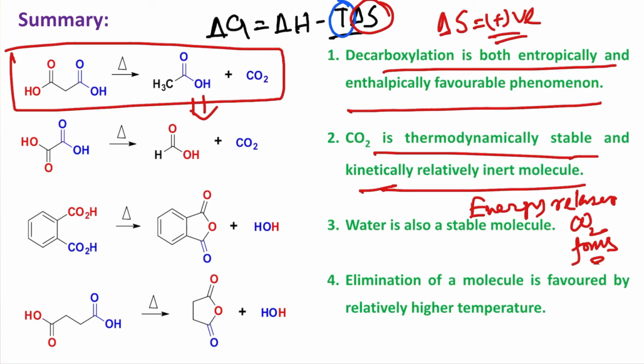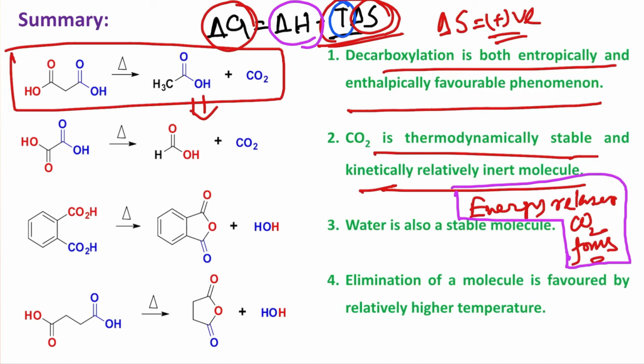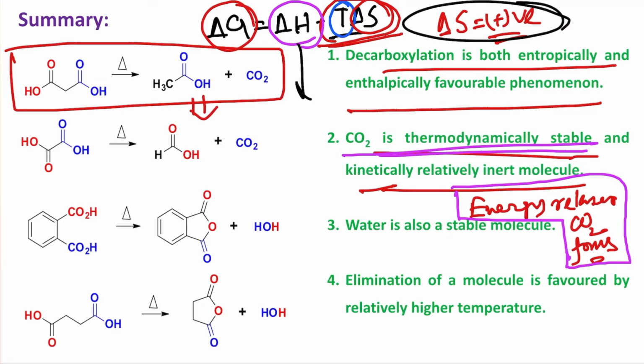Increasing T, delta G is mainly contributed by the T delta S term. In addition, delta H is further favored since a significant amount of energy is released, because CO2 is thermodynamically stable. When a stable molecule is formed, it releases energy. That's why this decarboxylation reaction is both entropically as well as enthalpically favorable.